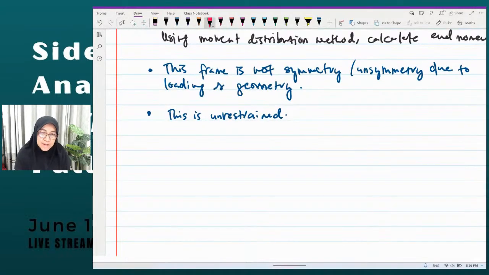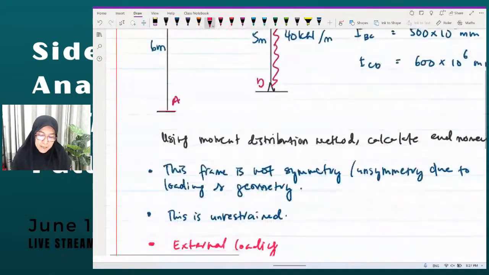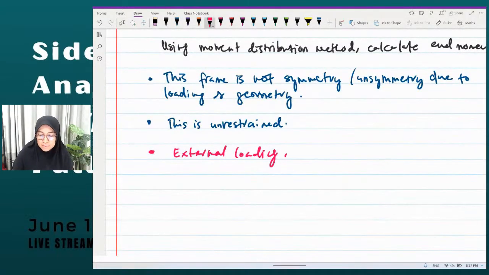So in this frame we have external loading, P and W.